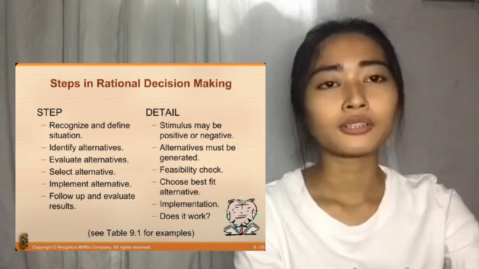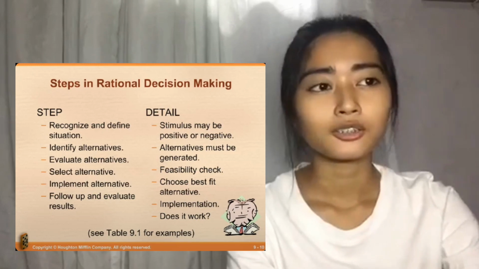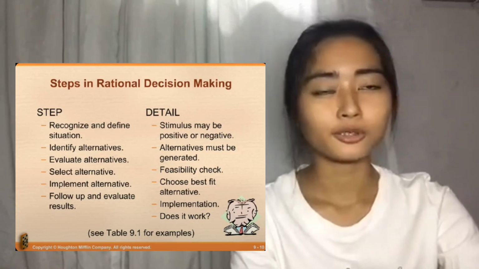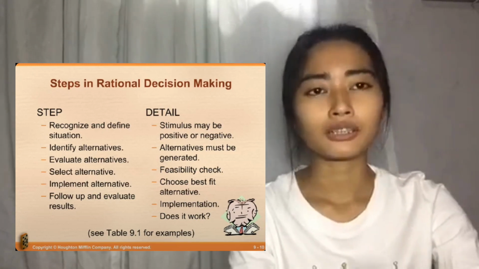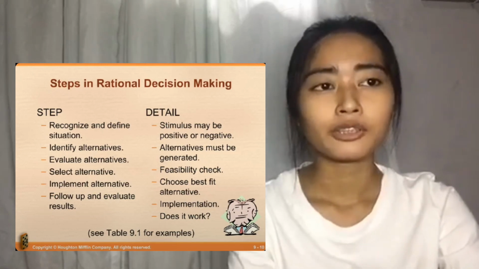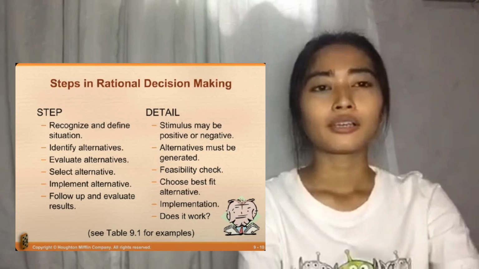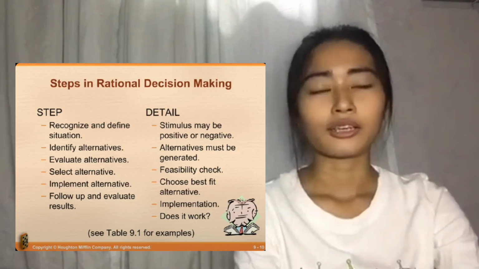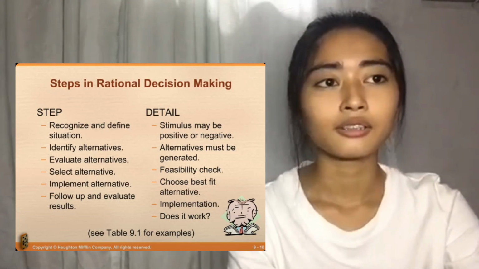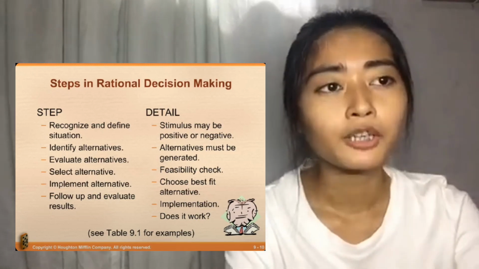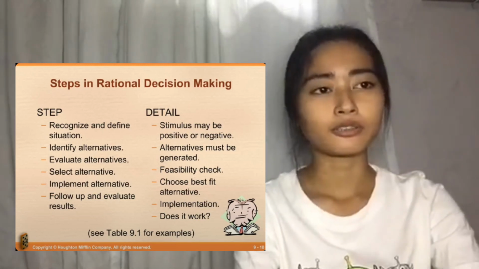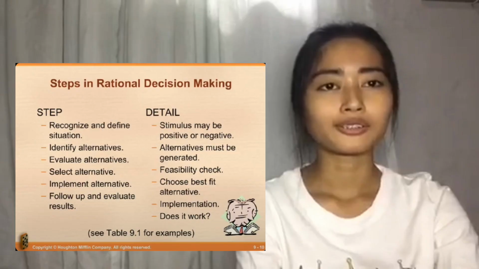Fourth is selecting an alternative, where the manager should choose the best fit alternative. Fifth, the implementation of the chosen alternative. And last is to follow up and evaluate results to see if it does work.